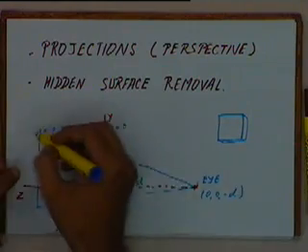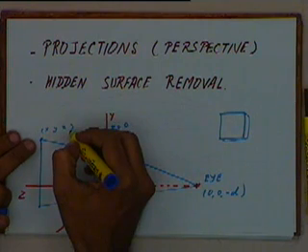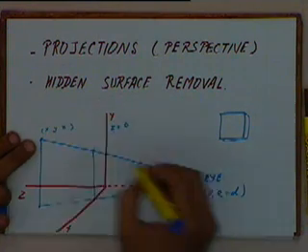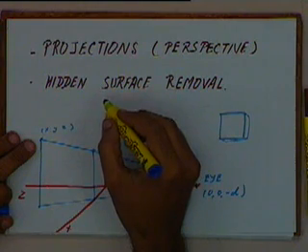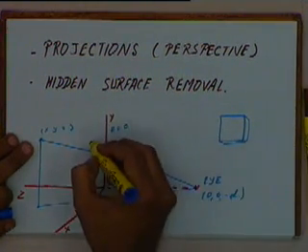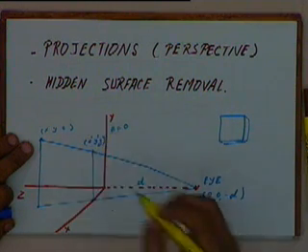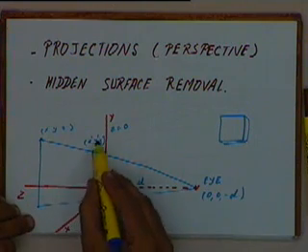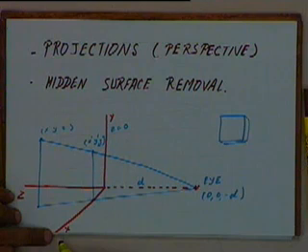The projecting plane is the xy plane, and we want to project any arbitrary point x, y, z onto this projecting plane. This arbitrary point x, y, z will get transformed to a point x prime, y prime, z prime, which will be on the xy plane.